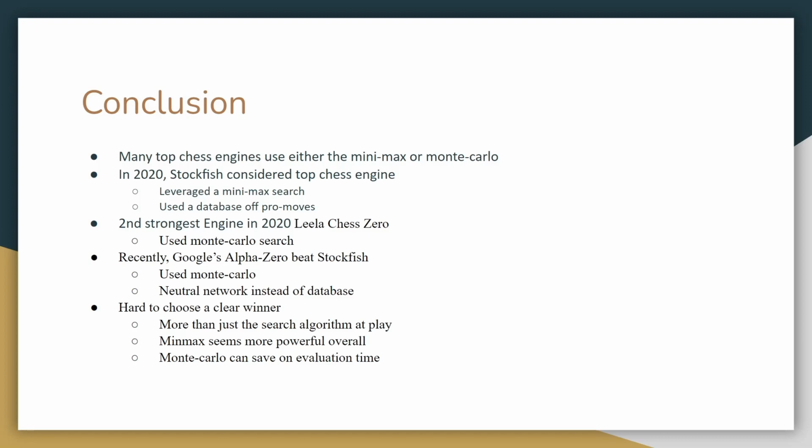And then it produces the evaluation the same way. So they're going to have significantly different values in the trees before they even get to the point where the algorithm needs to parse it. So there's just too much in a chess engine for us to identify, okay, this algorithm is better because the chess engine's better. There are too many factors for us to make that conclusive decision. I guess that's it.